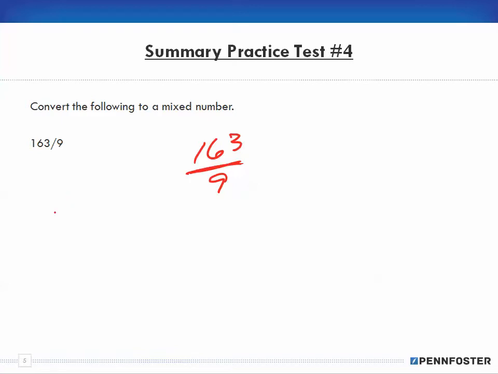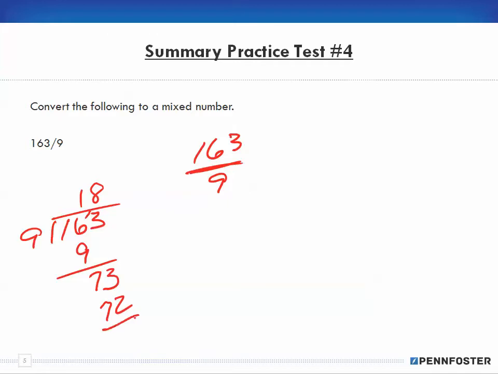So we take the 163 and divide it by 9. 9 into 16 goes one time, and we're left with 7, and we bring down our 3. 9 into 73 goes 8 times. 9 times 8 is 72, and we're left with 1 remaining. So our answer is 18 and 1/9.